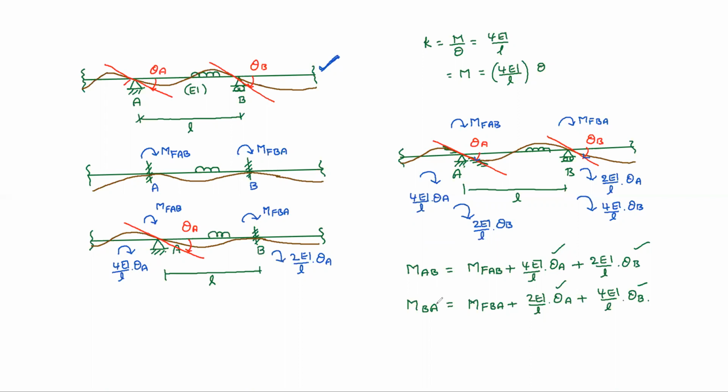Similarly, sometimes we may have delta also. Delta means translational displacement. So at that time what to do, we'll see. Suppose you have a displacement field like this, the support is sunken by some amount delta. Then the original displacement curve is like this.